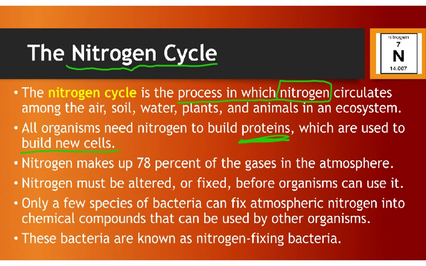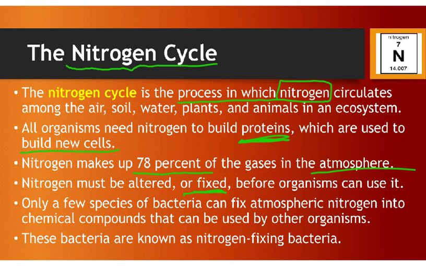Now, luckily here on Earth, nitrogen's very abundant. It makes up 78% of the atmosphere. However, very few organisms can use nitrogen in that manner. Nitrogen has to be altered. They call it fixed, so that organisms can use it.